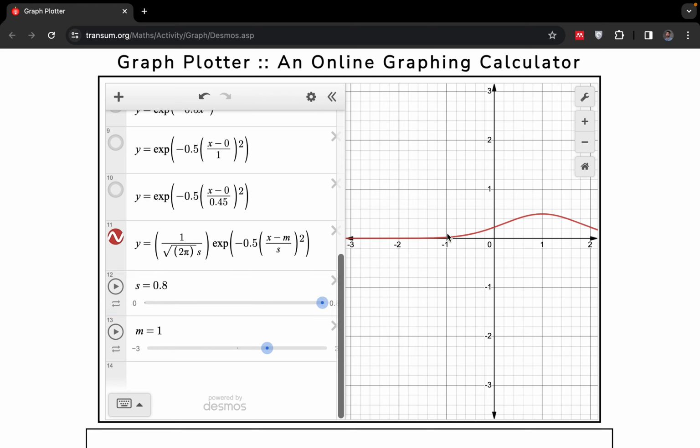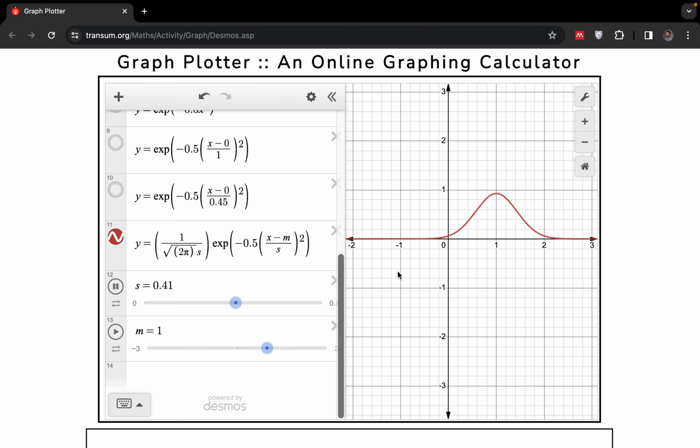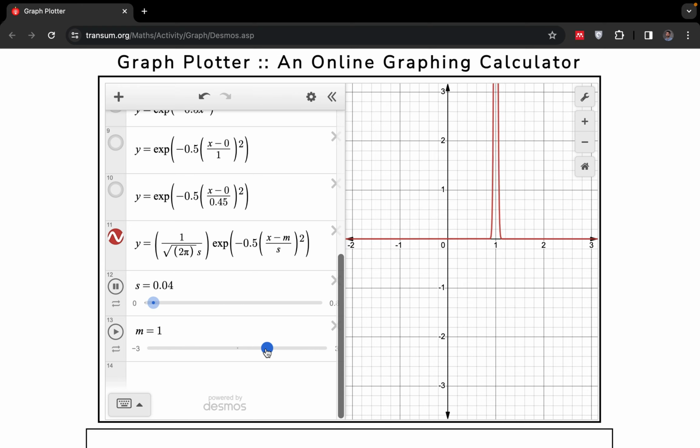Let's see how this behaves first in terms of the standard dev. Let's set the mean to 0. Okay, now this is centered at 0, and as we see the movement of the standard dev from 0 to 0.8, we see how the spread varies, right?